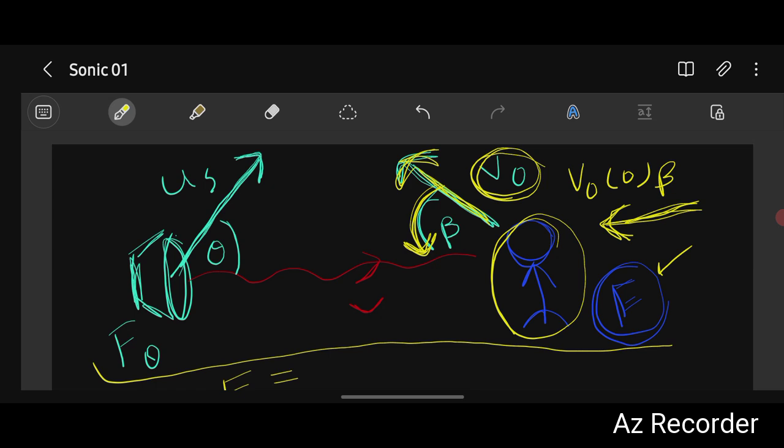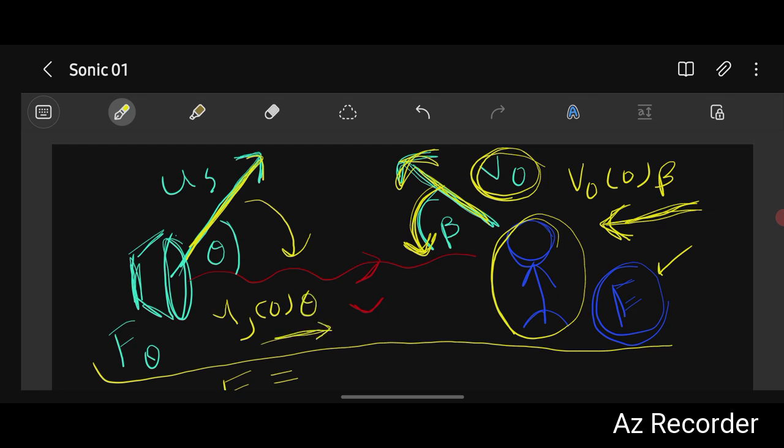Then for the source, it will make vs cos theta towards this direction.